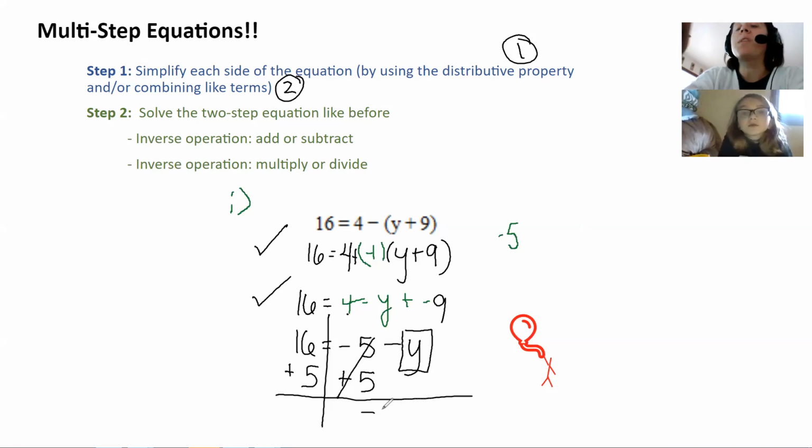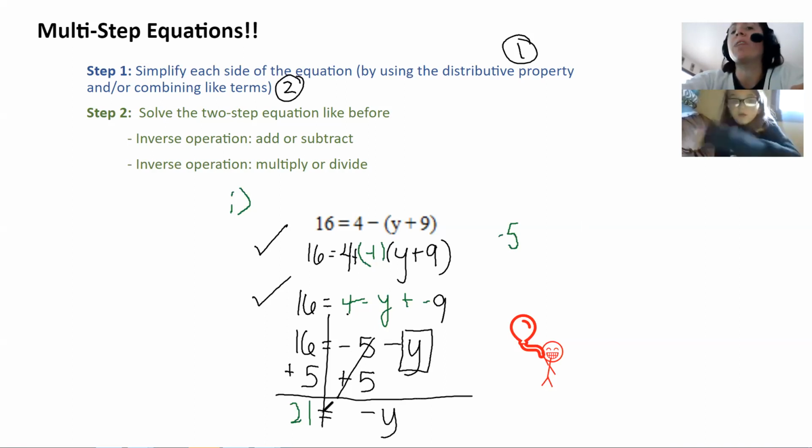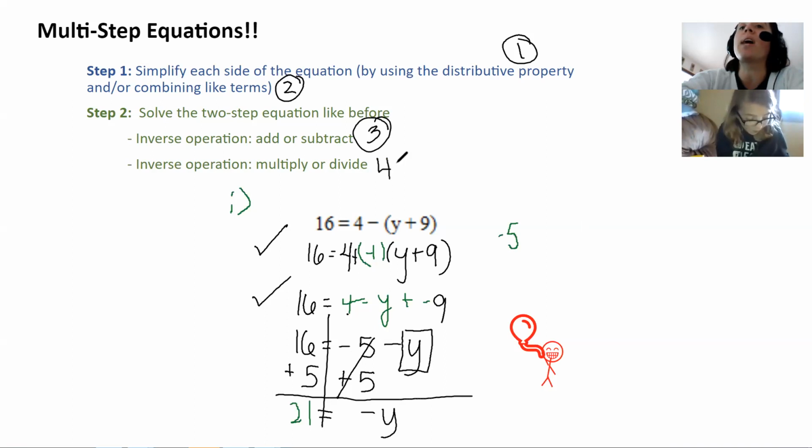So then we're left with -y equals, what's 16 plus 5? 21. Thank you. Very good. And then what would I divide by now? Because I don't want to know what -y is. I got to do that last step, which is that inverse operation, multiply or divide. What do I divide to turn that y positive?